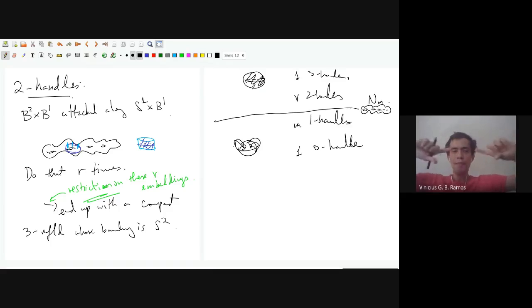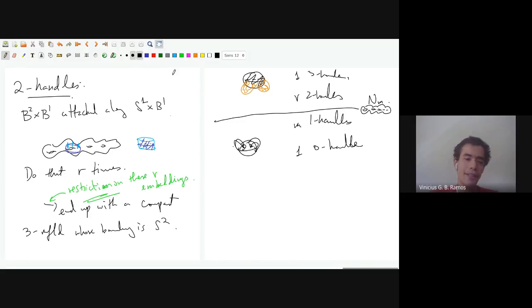If I flip my Morse function, that's equivalent to attaching handles from the top to the bottom. So now I can start with my 3 handle, and think of it as a 0 handle. And then my 2 handle, I think of it as a 1 handle attached to the 3 handle. So that means that my 2 handle now is going to be something like this. It's going to attach to the 3 handle.